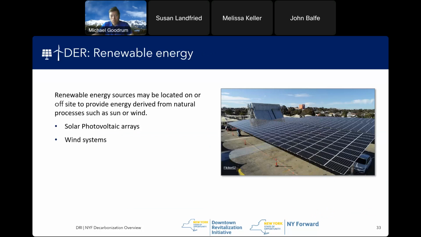Solar PV is probably the most common and most familiar, and also probably the easiest to incorporate into most buildings, whether it's on the roof or, like you see here, with a carport or a parking structure.